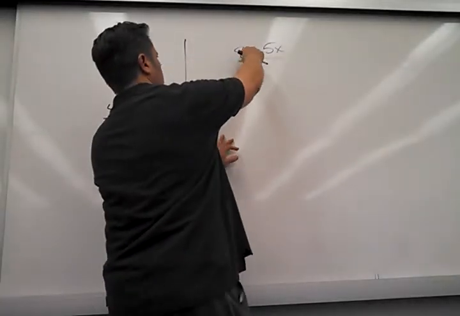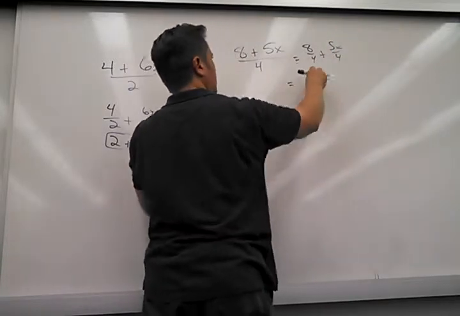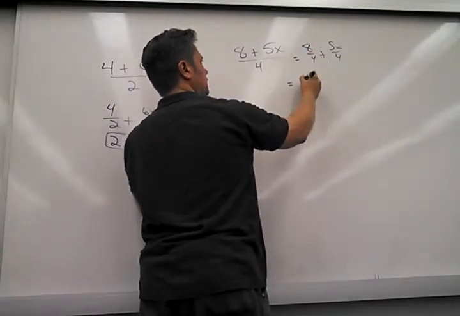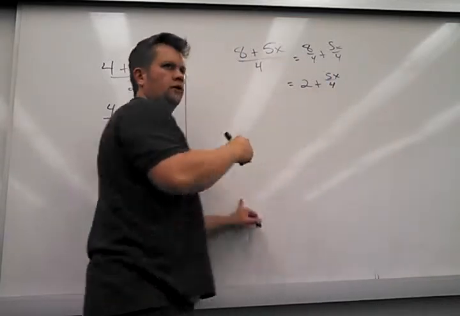Yeah, so 8 divided by 4 plus 5x divided by 4. 8 divided by 4 is 2. And then this, you can look at this as 5 fourths x or 5x over 4. It's the same thing.